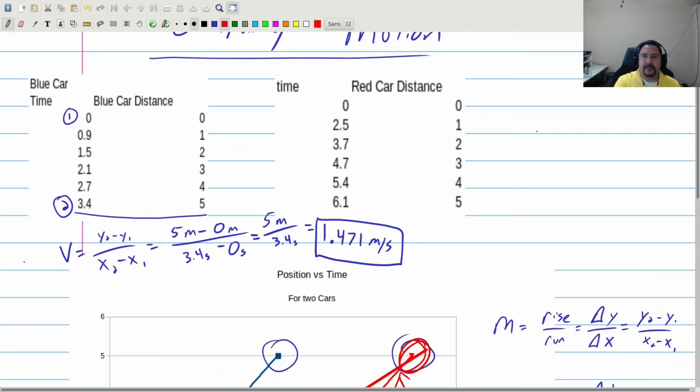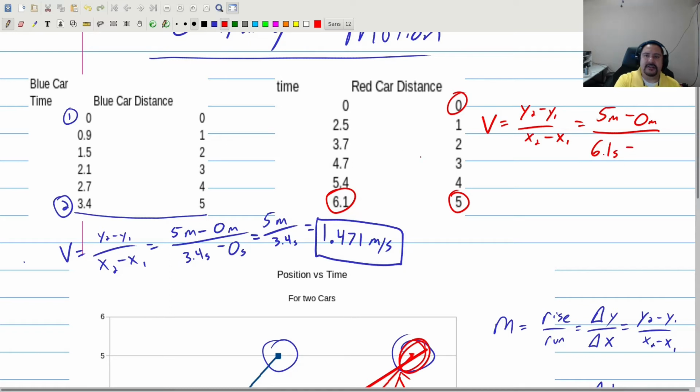It's just out of Algebra 1. V is really the slope. That's y2 minus y1 over x2 minus x1. That's equal to, let's see, y2 is 5 meters minus y1 is 0 meters, divided by x2 is 6.1 seconds minus x1 is 0 seconds.